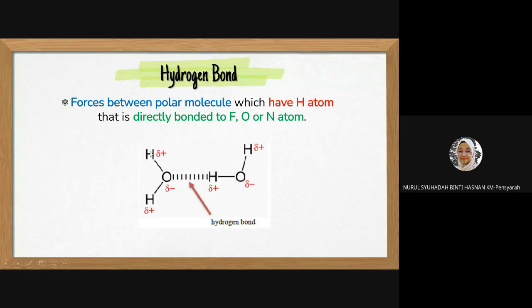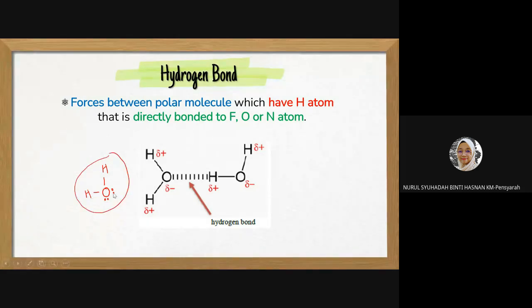Jadi contoh dekat sini, kita ada H2O. Kita ada oxygen directly bonded to hydrogen dekat sini dan dia akan ada lone pair. Ini adalah satu H2O molecule.